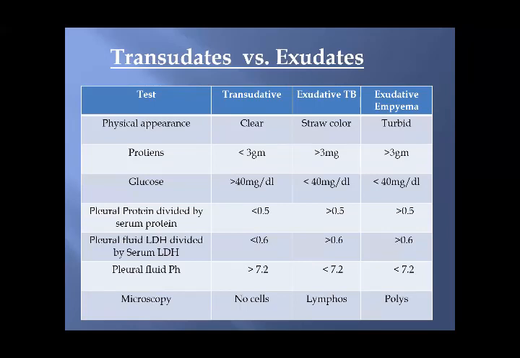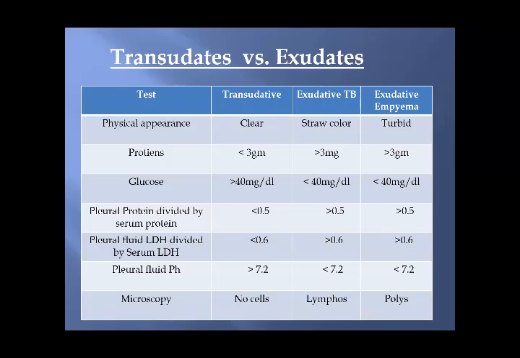Now, how to differentiate between transudative versus exudative? We compare transudative, exudative TB, and exudative empyema, that is due to post-pneumonic effusion. Physical appearance is usually clear in transudative, straw colored in exudative tuberculosis, and turbid in exudative empyema.